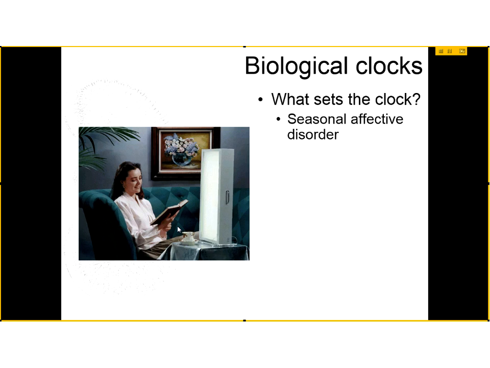So in the bunker, when we completely remove all signals from the environment of when it's time to wake up and go to sleep, we see that free-running clock. In the winter, we're inclined to show some of that free-running behavior, and because our daily schedule doesn't provide for the ability to wake up and go to sleep at a different time, we start to see problems that can manifest as symptoms associated with seasonal affective disorder.